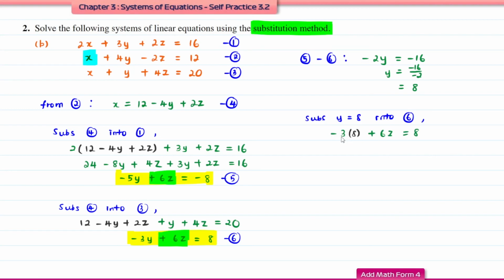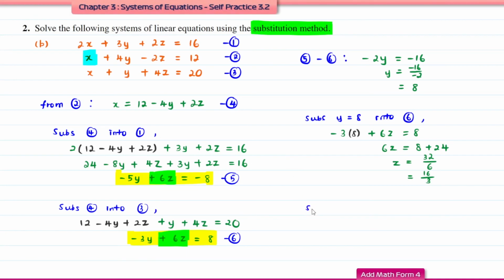So here is equal to negative 24. So when you move it to the right hand side, it will be plus 24. So z is equal to, so here is 32 divided by 6. Simplify this, you're going to get 16 over 3.